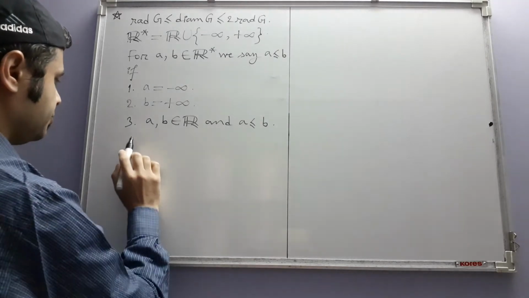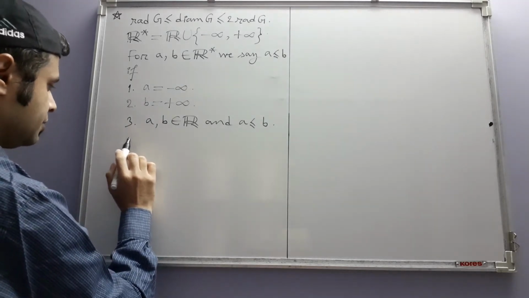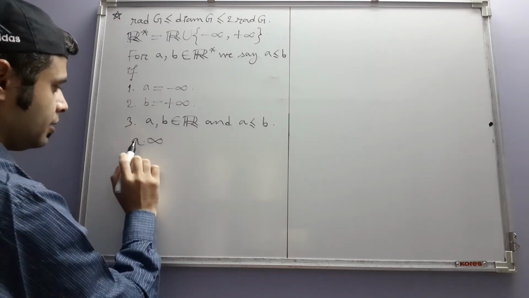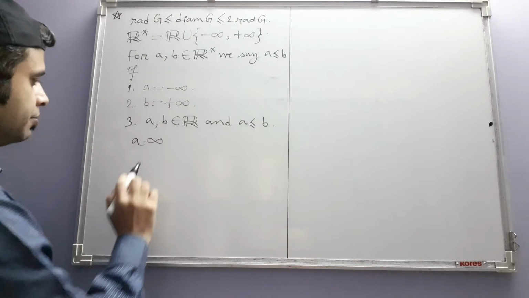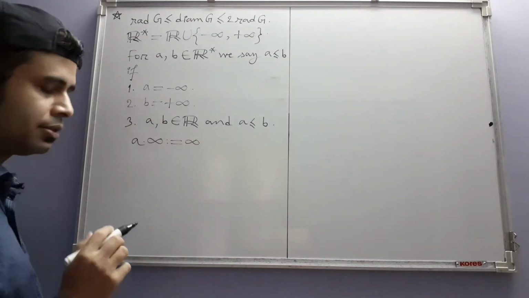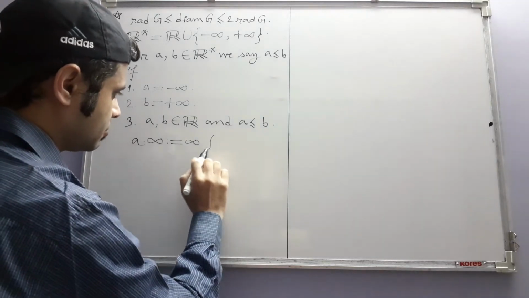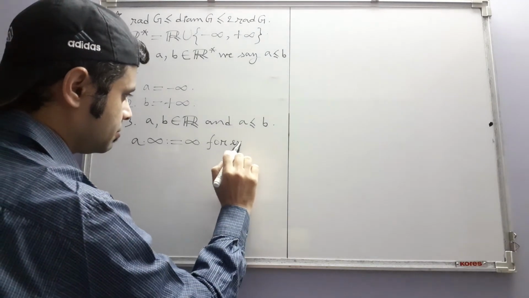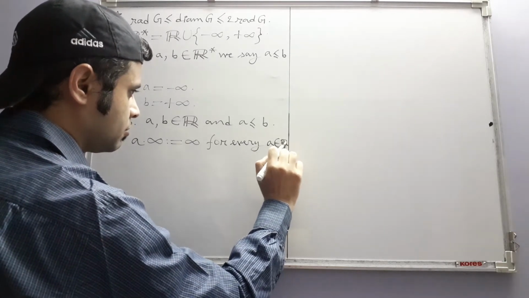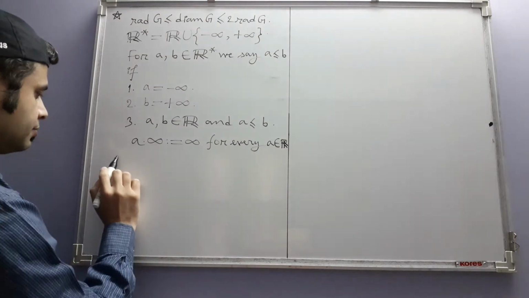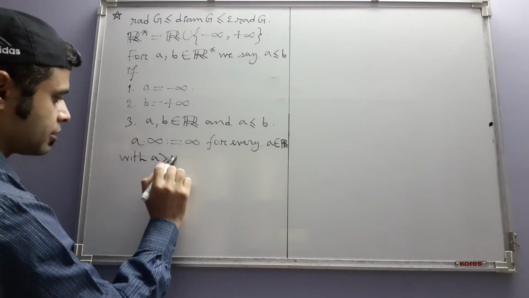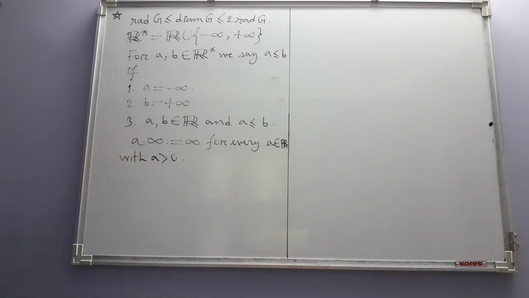For that we additionally define this: if we multiply a positive real number with infinity, then the result is defined to be infinity, for every real number A with A greater than 0.